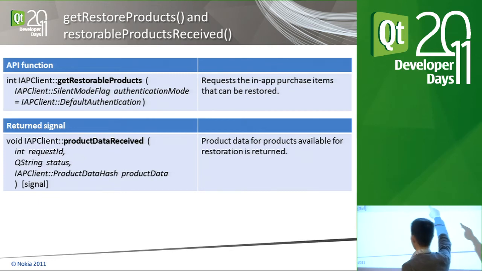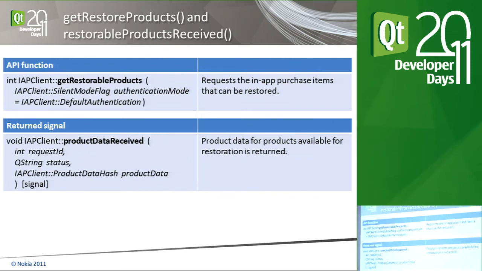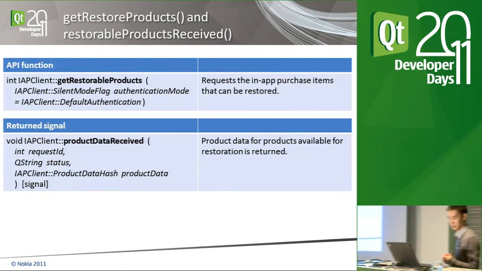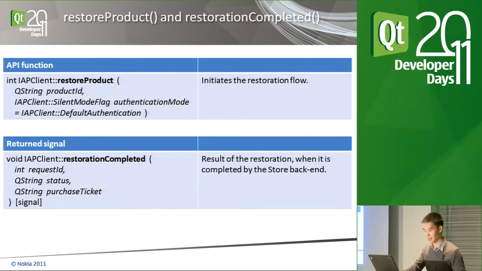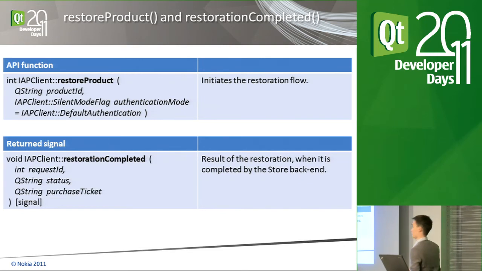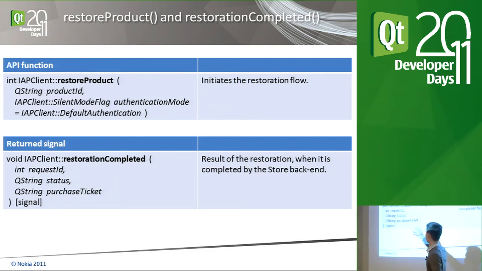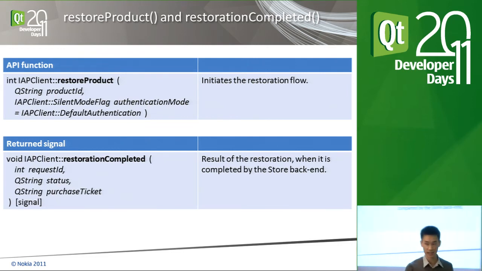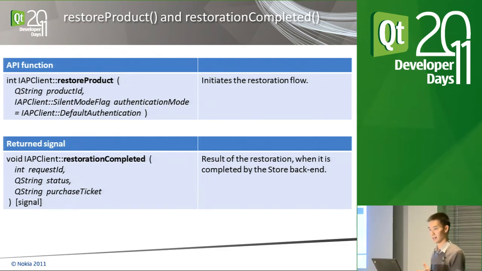So the flags here indicate whether or not you want to proceed with silent mode. The corresponding callback to this is to get restorable products as product data received. And so similar to the product purchase, there's the RestoreProduct method, and also using as a parameter the product ID and whether or not you want to proceed in silent mode. Once the restoration is done, then the restoration completed signal is generated.